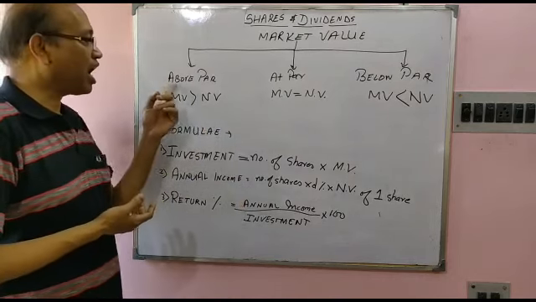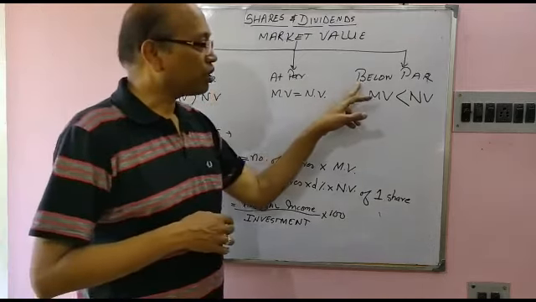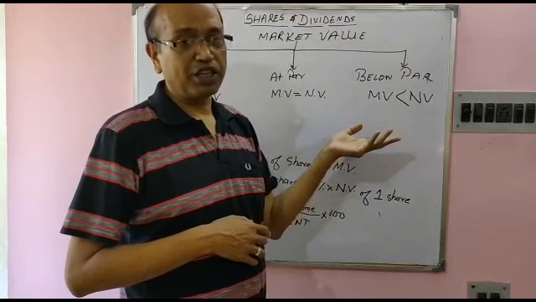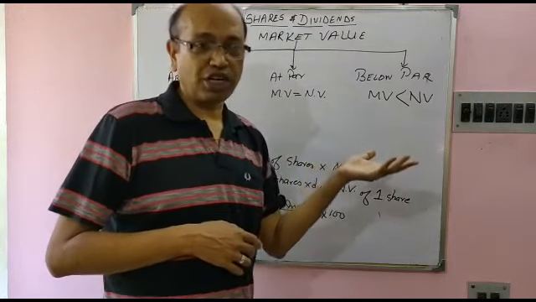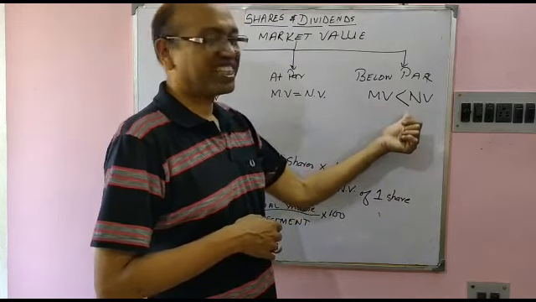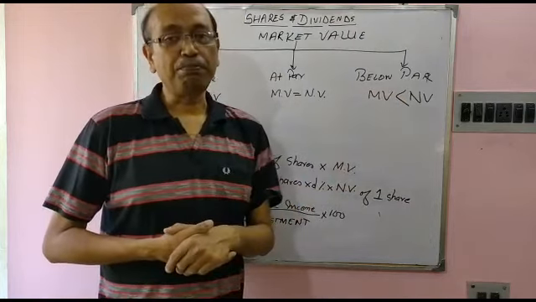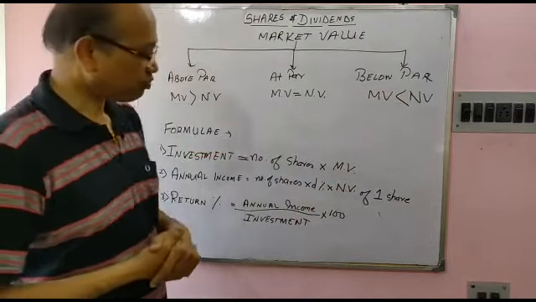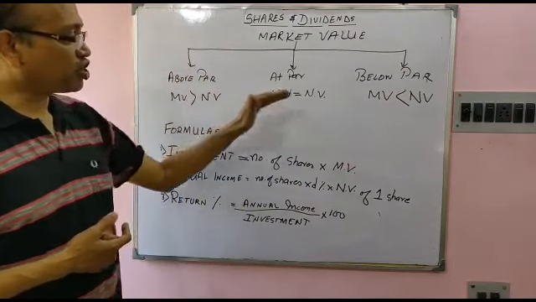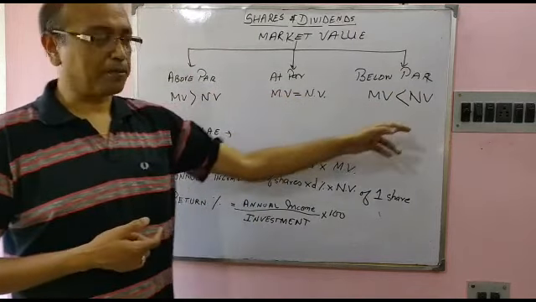Then we say it is above par. Par means equal. If the company is not doing good and not earning profit, then the market value is less than the nominal value, which means it is below par. So the market value always changes with time, but the nominal value remains the same.